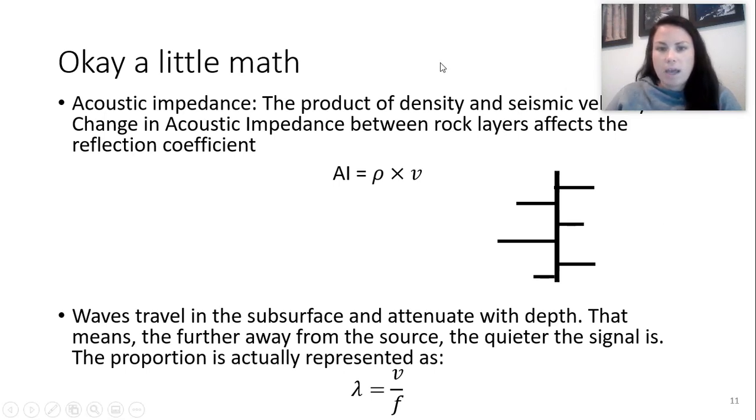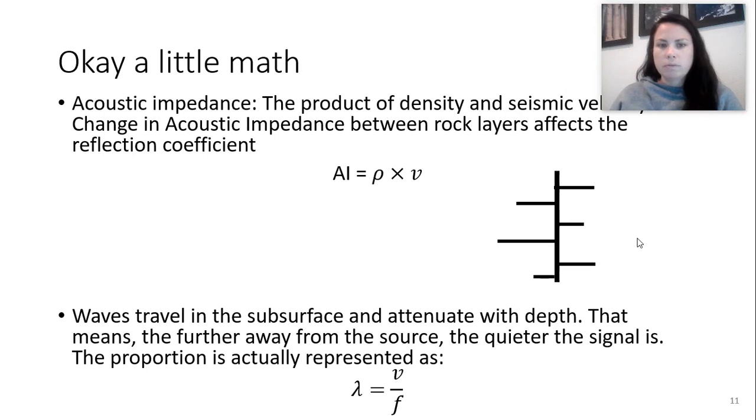So this is an example of the acoustic impedance, and each little tick here would represent a change in the density or velocity. And the acoustic impedance is really the image that we see as a result of seismic lines. It's a bunch of these little stick diagrams added together and squished together.